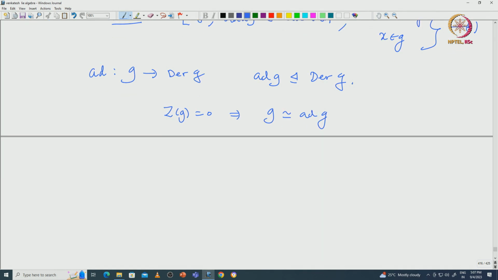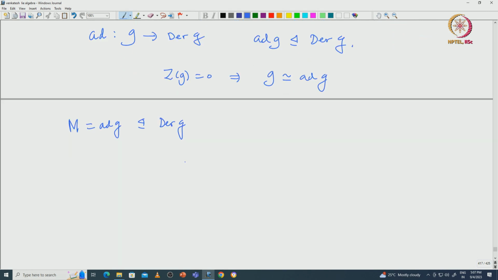Now what we are going to do, we take m to be this ad g, which is sitting inside the derivations of g. Now the Killing form of g being non-degenerate tells us that the Killing form on ad g is also non-degenerate.